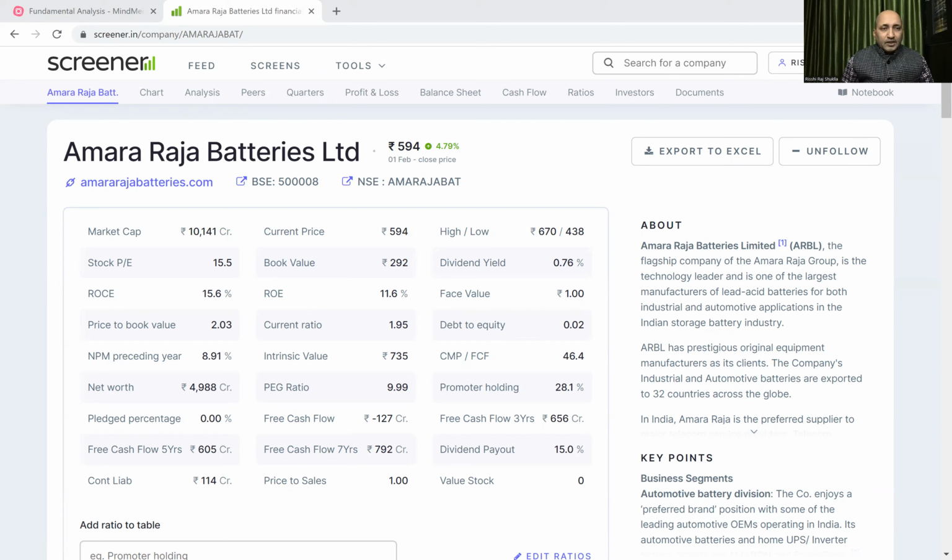Here we can see all the parameters. Receivables versus sales: we can see it is consistent or in a downward trajectory, so it is good. Sales growth we can see is consistent or increasing.